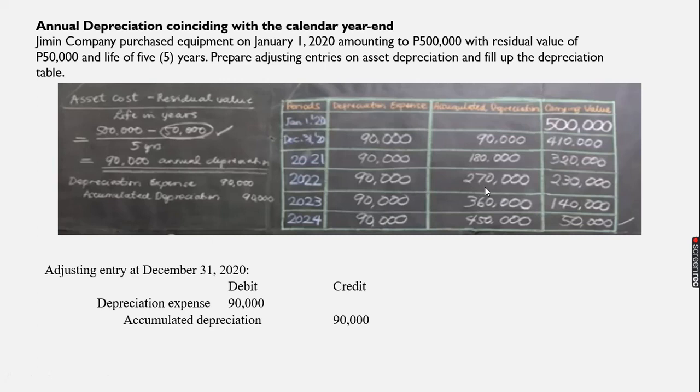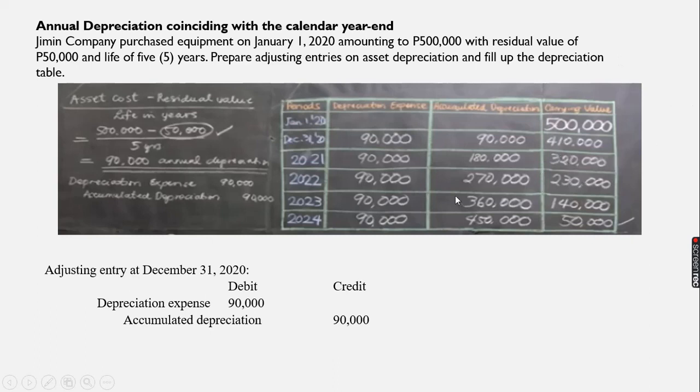So, makukuha natin ang 180,000. So, i-less natin siya sa 410,000. Less 180,000. O, ito yung carrying value, di ba? Ito yung balance. 410,000 less 90,000 depreciation niya, makukuha natin yung 320,000.